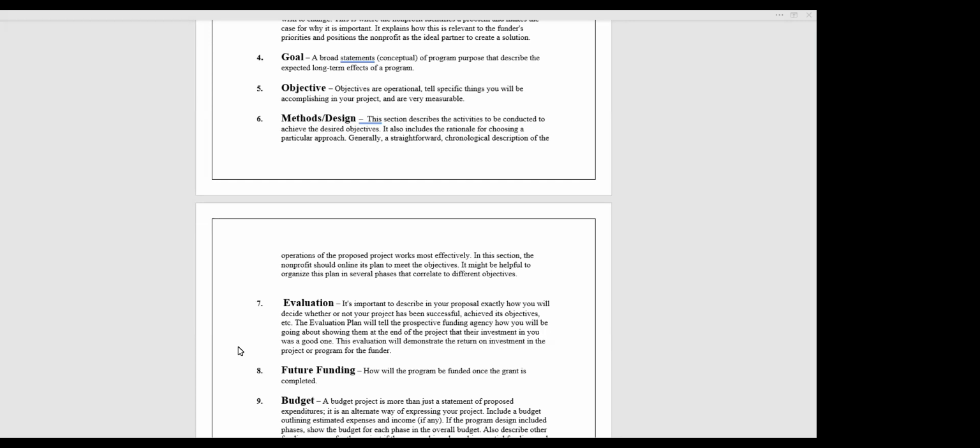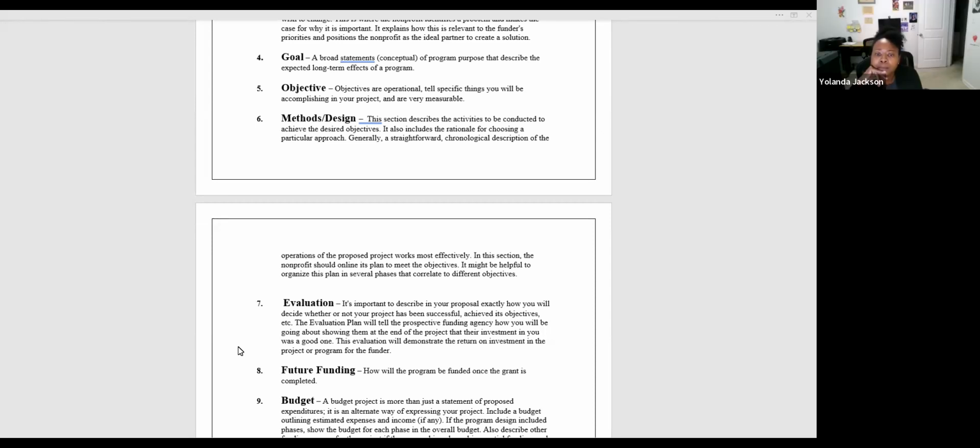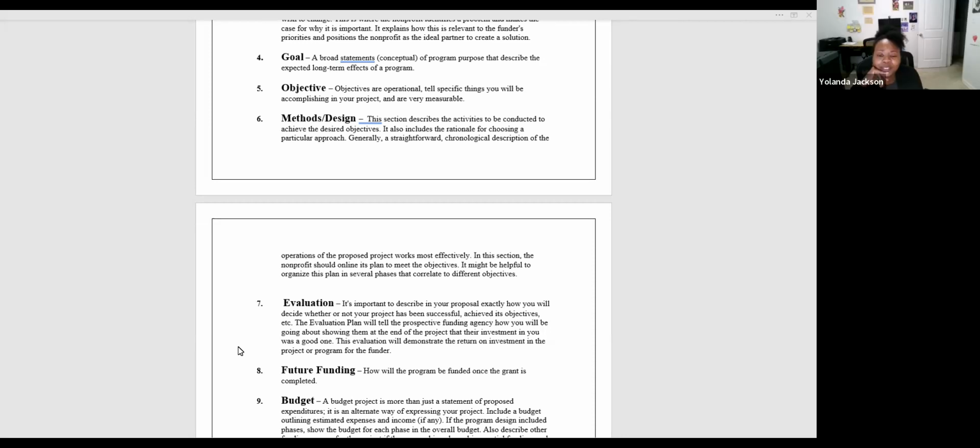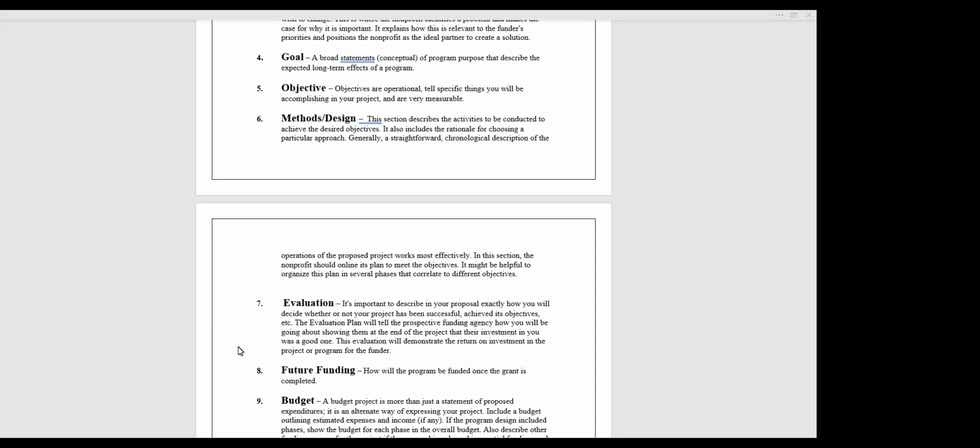So have you ever heard of a logic model? No. Uh-oh, you're gonna have a lot of fun. Have you ever heard of a theory of change? No. Oh, you're gonna have a lot of fun when we get to this section right here. Because what's going on is that you are making an argument that this is how we're gonna evaluate our program to show that we are going to be successful.